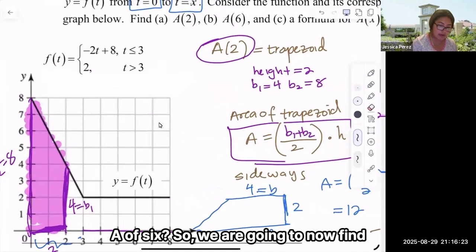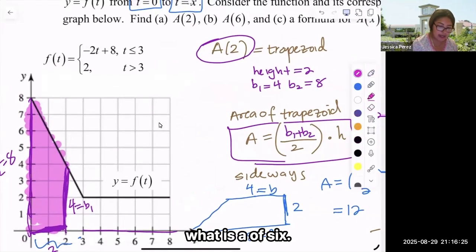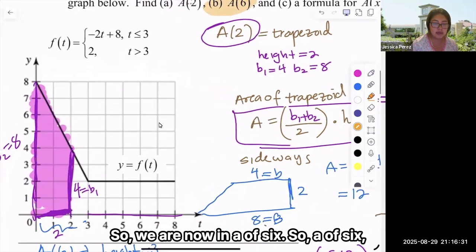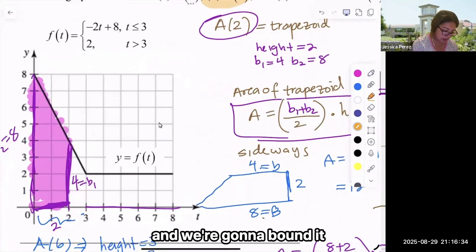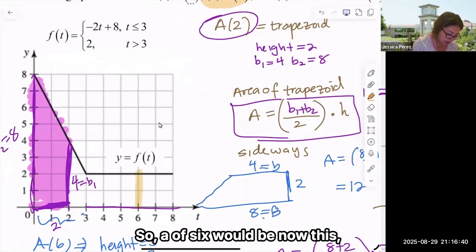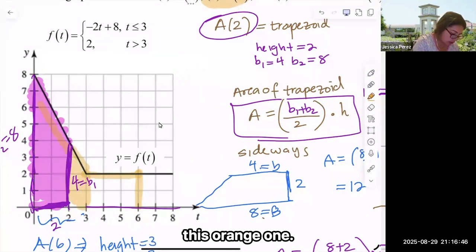Now, what happens when we're looking for A of 6? So we are now in A of 6. We are going to bound it all the way over here. So A of 6 would be now this orange one.